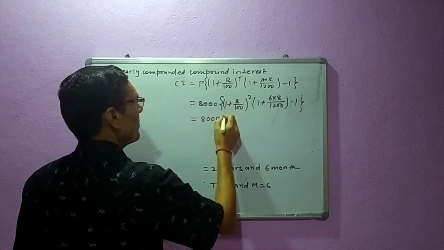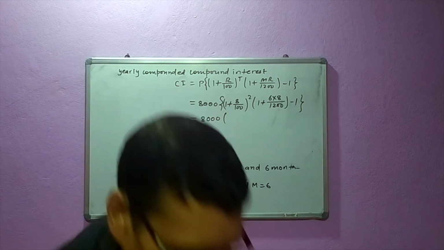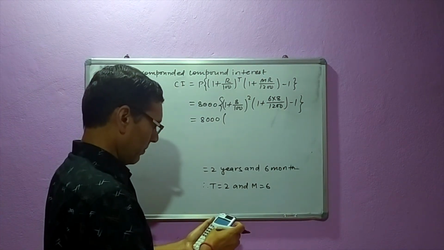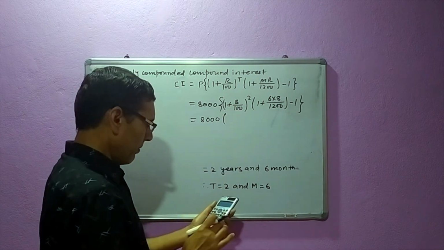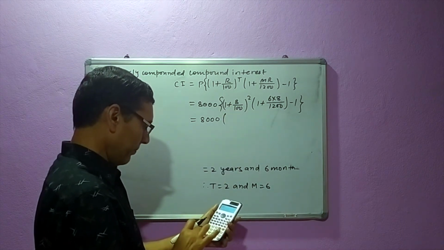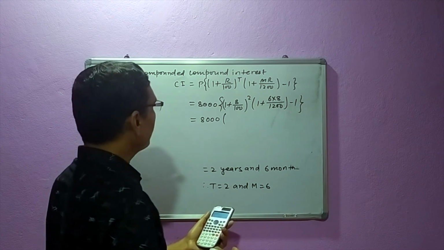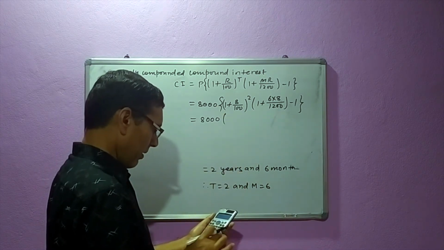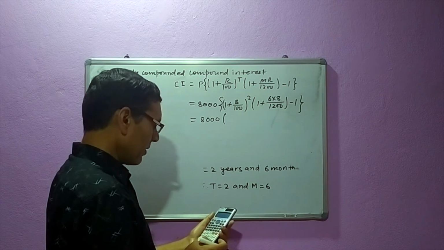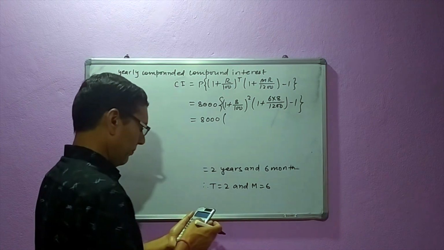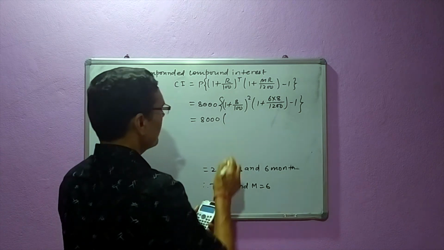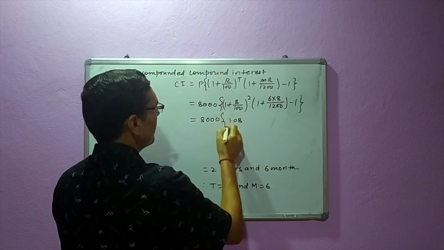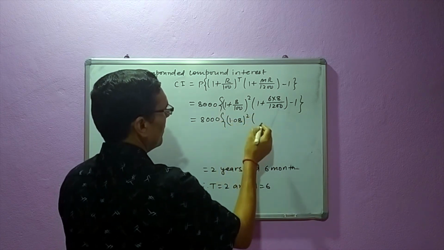So it is 8 divided by 100 plus 1, which is 1.08, whole square.